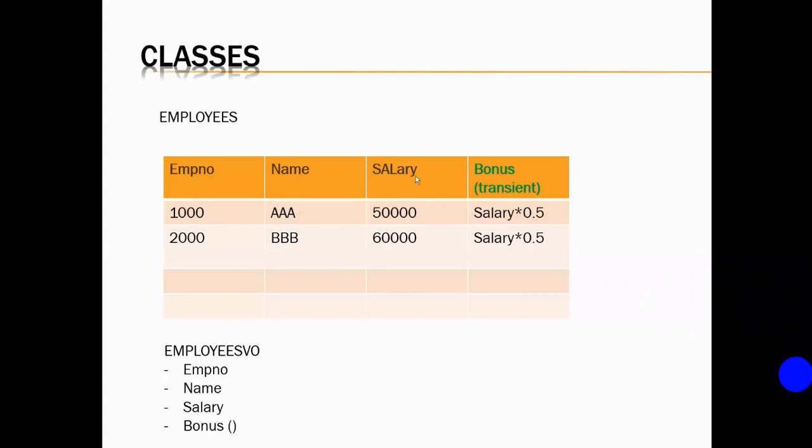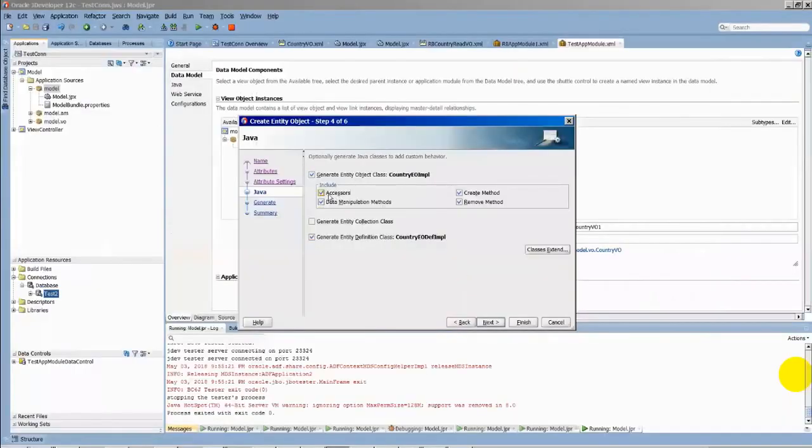Similarly, dot getSalary means getting that salary, and setSalary means setting the salary. Getting and setting are nothing but accessors, getters and setters. Yes, I want to get accessors in my class, and I want to generate the collections class as well.